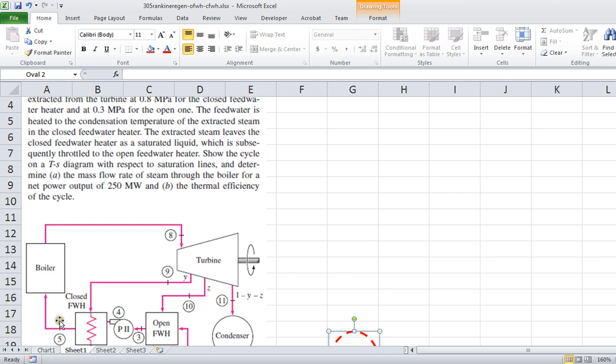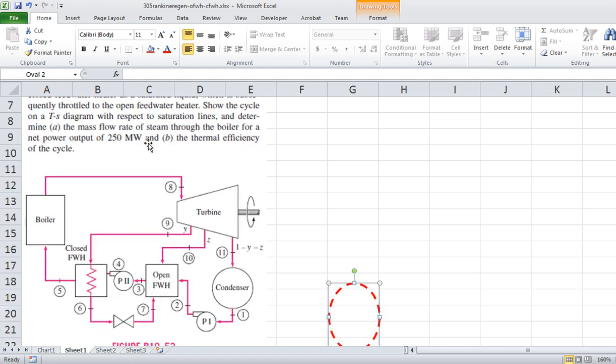So what it's saying here is that the temperature 5 is known, and that temperature is equal to the saturation temperature corresponding to the pressure 9. The condensation temperature is the saturation temperature at this pressure 9, which is known. So we know temperature 5 from that statement.